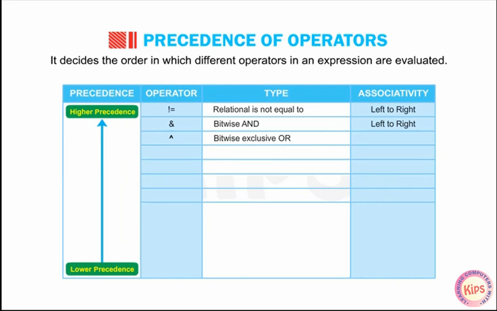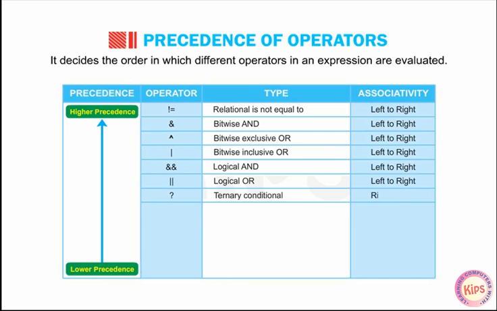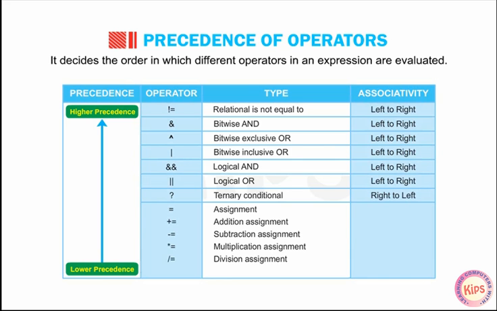Bitwise exclusive or, left to right. Bitwise inclusive or, left to right. Logical and, left to right. Logical or, left to right. Ternary conditional, right to left. Assignment, addition assignment, subtraction assignment, multiplication assignment, division assignment, modulus assignment, right to left.